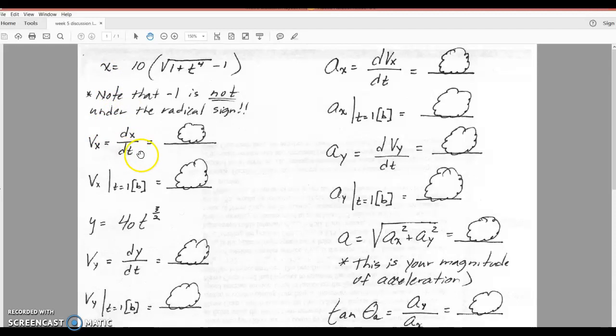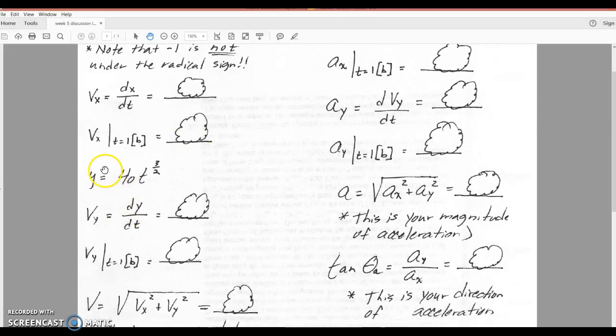So first step, find the velocity in the x direction by taking the derivative with respect to time of this function, and that is this step right here. Then once you have defined that derivative, you're going to evaluate this derivative at time equals, say for instance your b value is 4, at 14 seconds, so you'll get a numerical value for velocity.